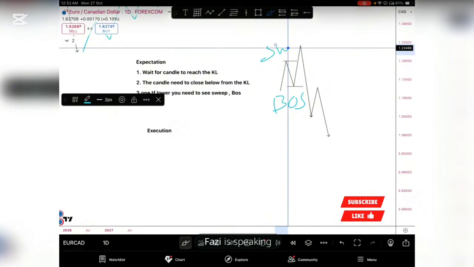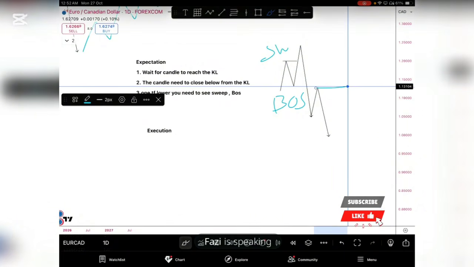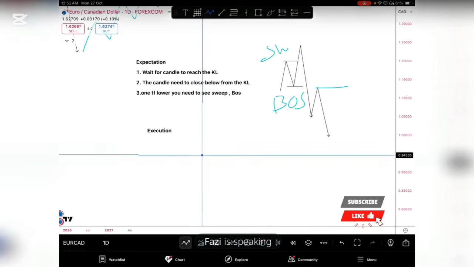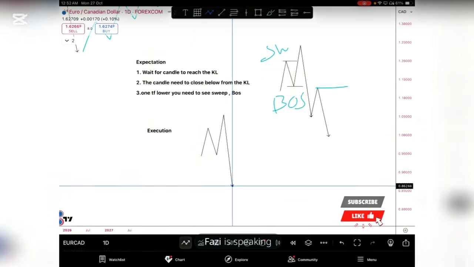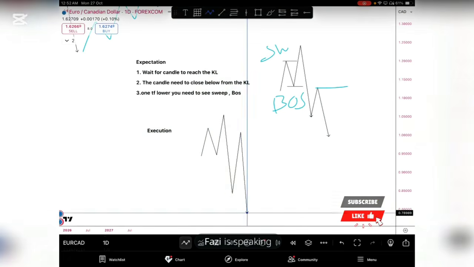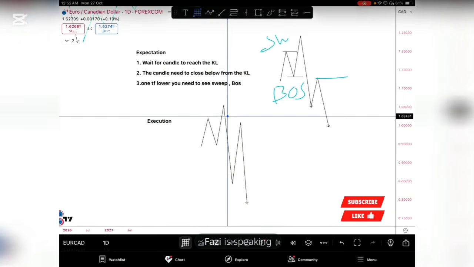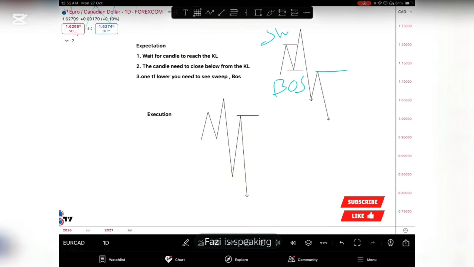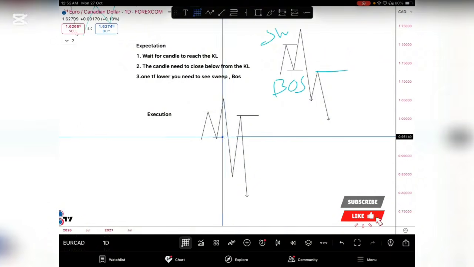So the liquidity has been created below the breakout structure, or the liquidity has been created above the breakout structure. Here, it is above the breakout structure. We have a sweep here, and we have the breakout structure here.